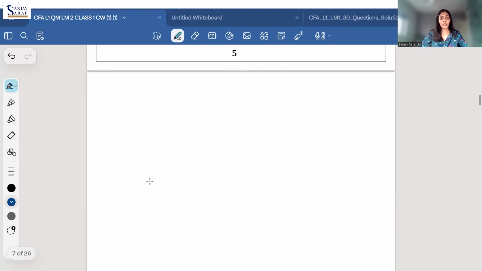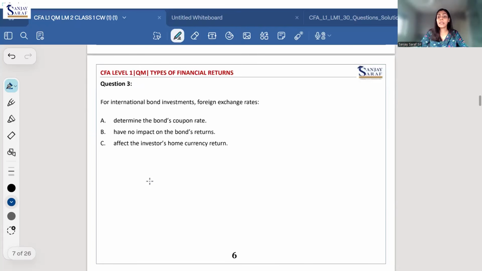Question 3. For international bond investments, foreign exchange rates determine the bond's coupon rate, have no impact on the bond returns, affect investors' home currency return.